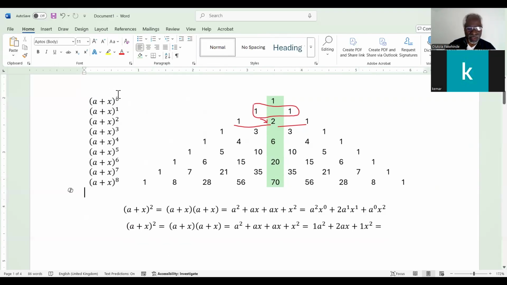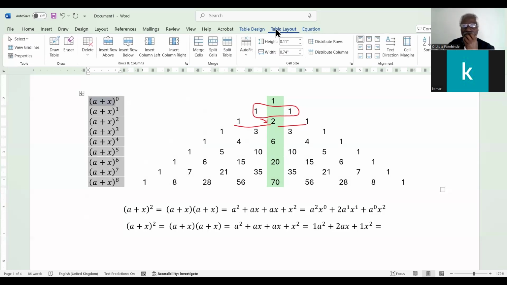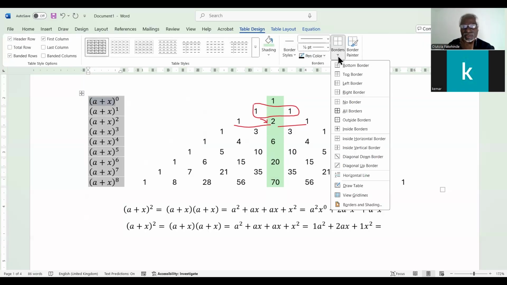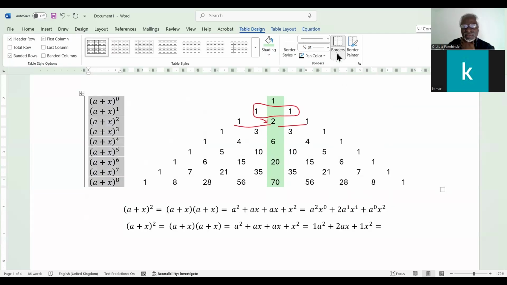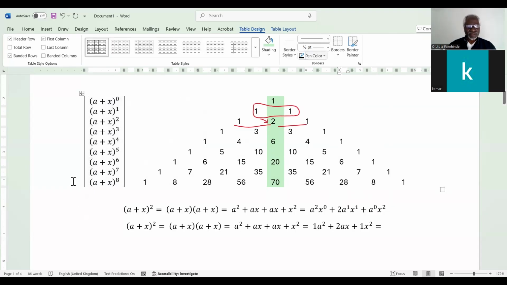Now in table design, I want the border on the left and also the border on the right for that one. So this is it.